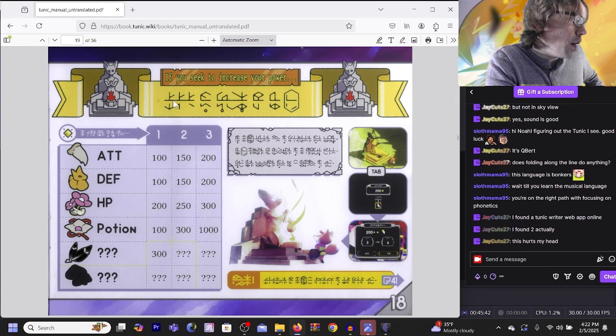Unlike the rest of these, which are a bit goofier, this one actually has the 6 sides around it to give you that feel of what it's supposed to be. And it's a response to if you seek to increase your power. It's the rest of that, where you spend these things at the shrines or at the checkpoints.